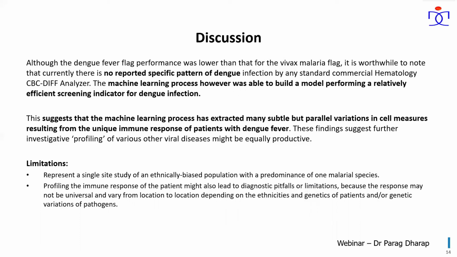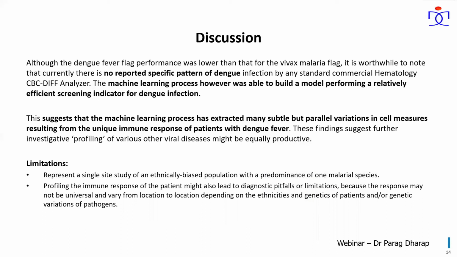This suggests that the machine learning process has extracted many subtle but parallel variations in cell measures resulting from the unique immune response of patients with dengue fever. This finding further suggests investigative profiling of various other viral diseases might be equally productive.